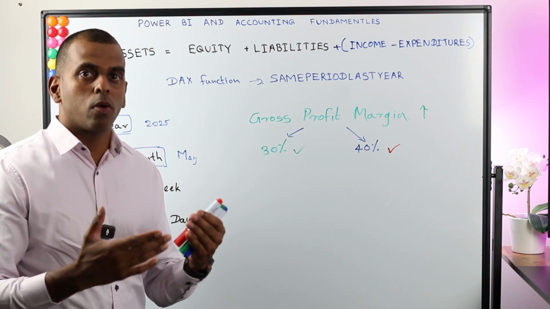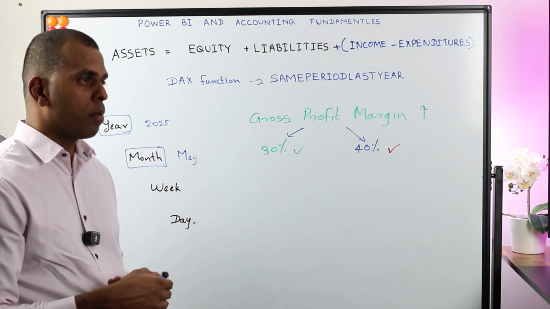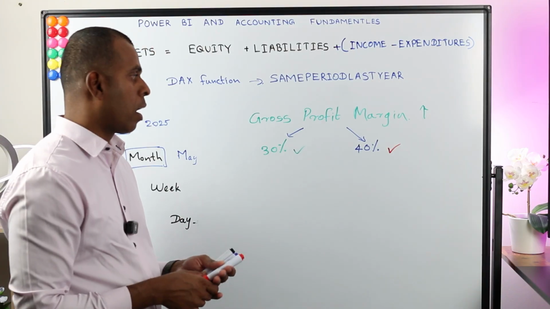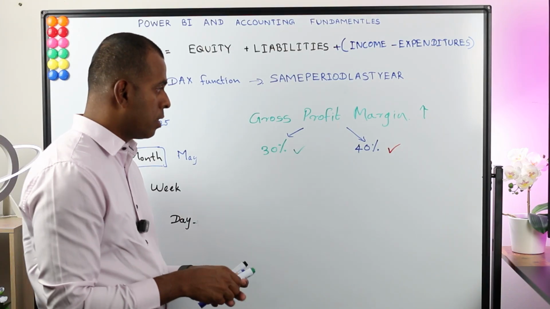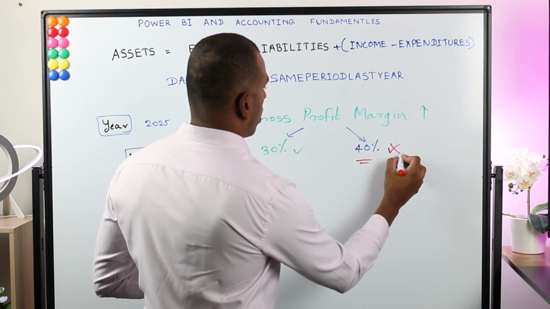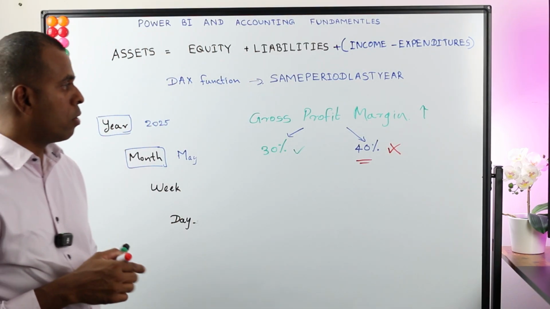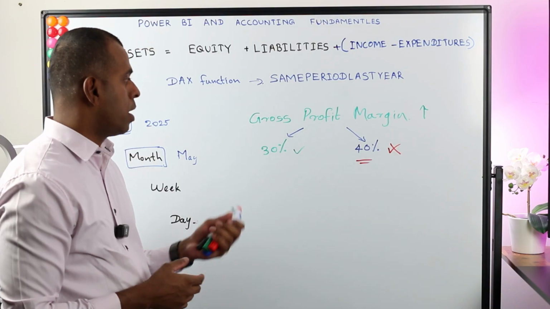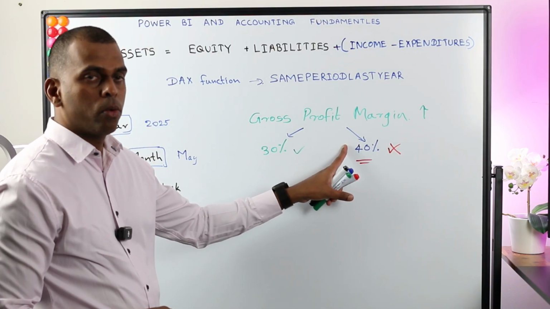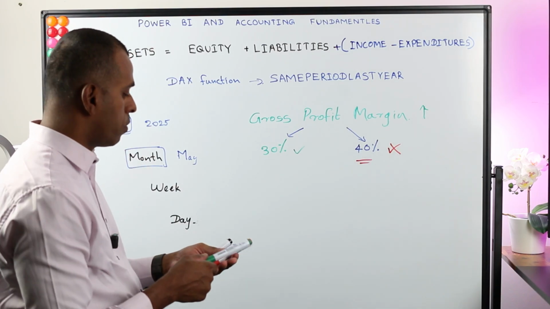your stakeholders use your Power BI dashboard. So when they use that inaccurate data, they take this one to make decisions. This is the wrong one. They make decisions based on that. So for example, they think, oh, we have already passed our targeted gross profit margin of the month.